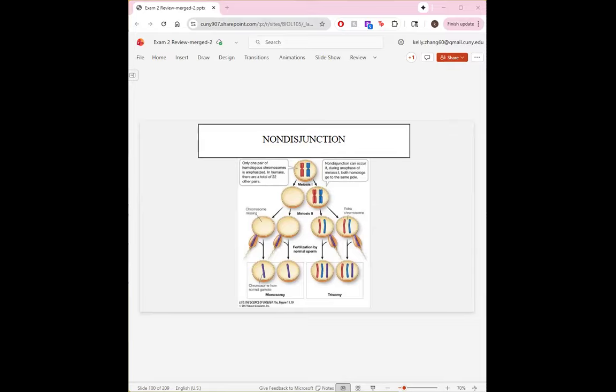And then either of the errors, either in homologous pairs in anaphase 1 or sister chromatids in anaphase 2, either of these can result in aneuploidy, which is a condition of lacking. It's either lacking or excess chromosomes.